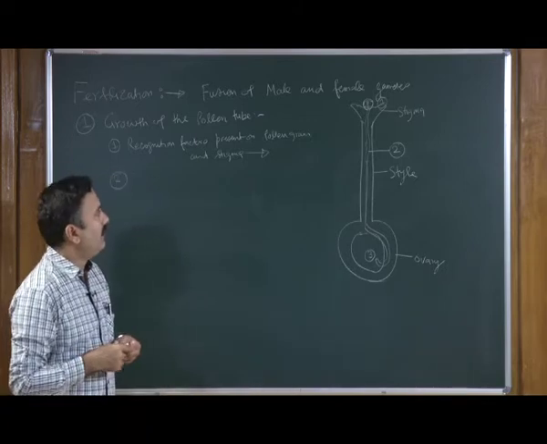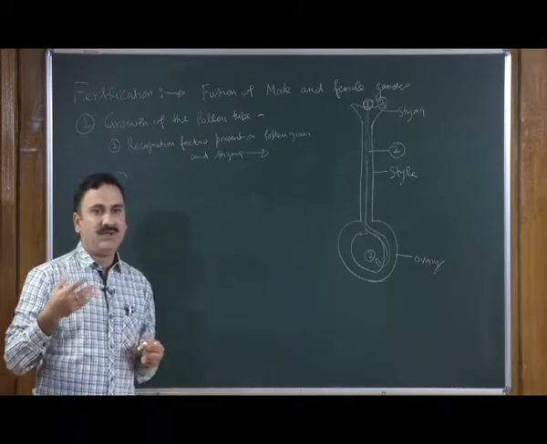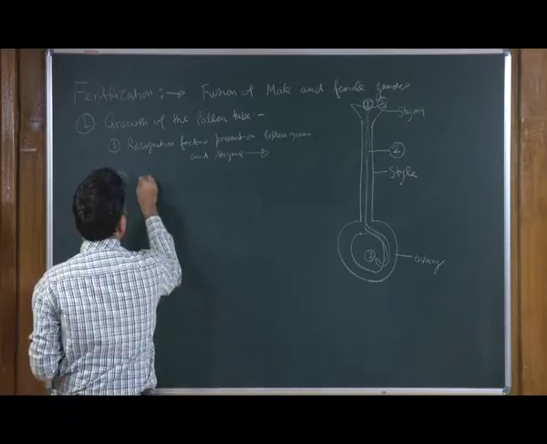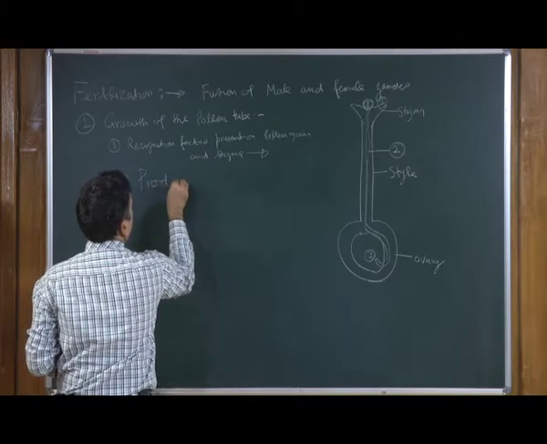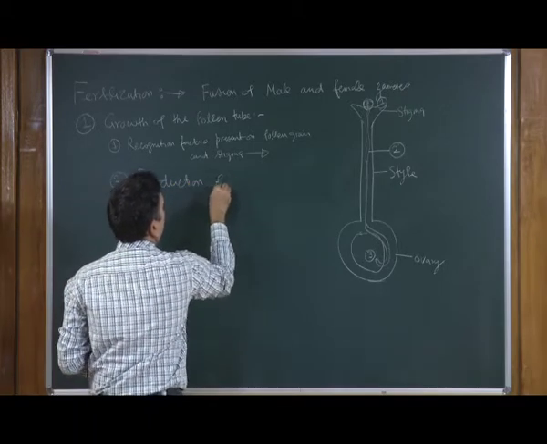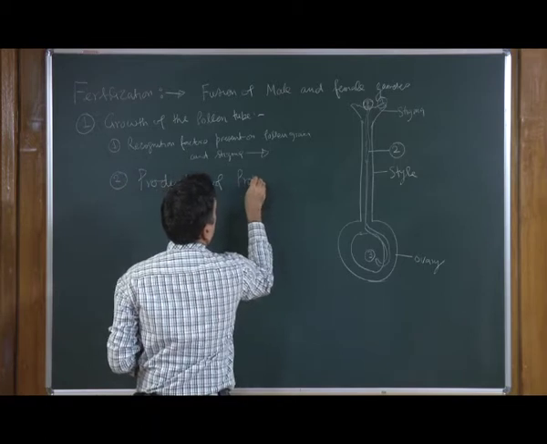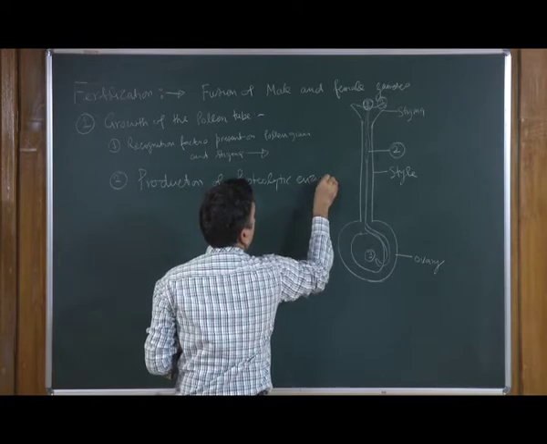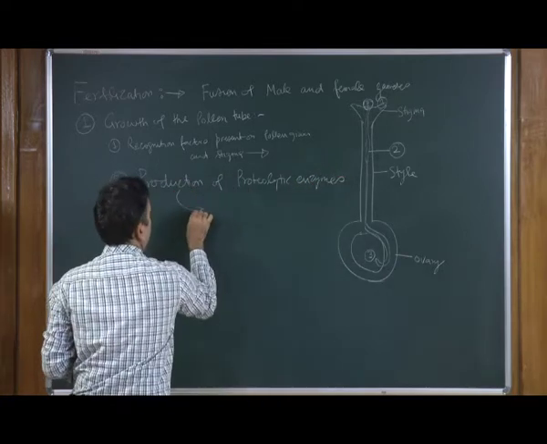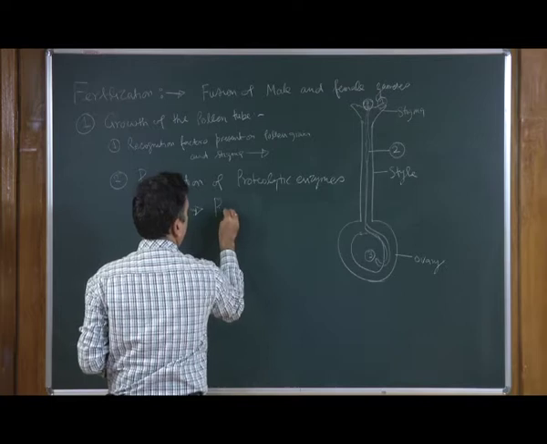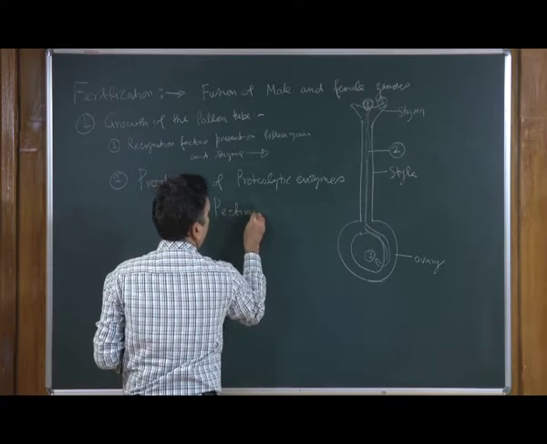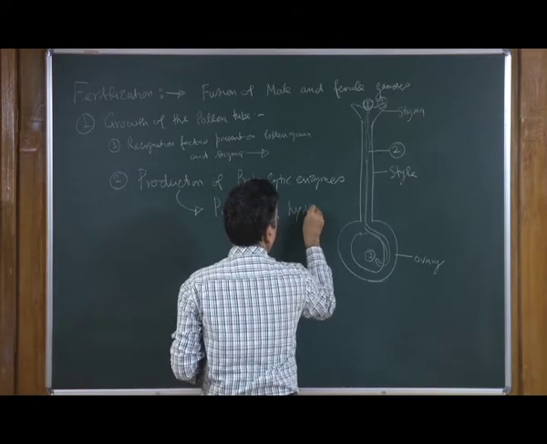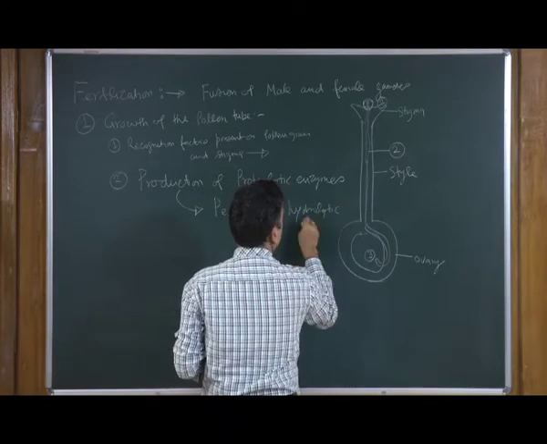And in that way the pollen tube actually secretes large quantities of proteolytic enzyme. What are these proteolytic enzymes? They mostly belong to enzymes which are either pectinase or the hydrolytic enzymes.